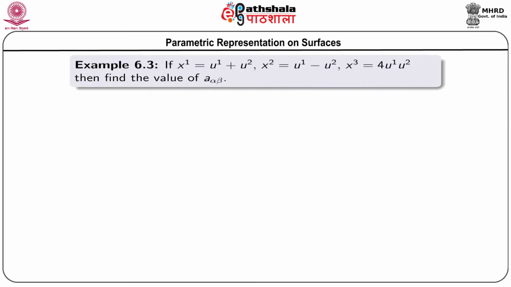Now, let us consider this example, and we are trying to find the first fundamental form for this surface. If x1 = u1 + u2, x2 = u1 - u2 and x3 = 4u1u2, we are going to find the value of a_αβ and also the first fundamental form.